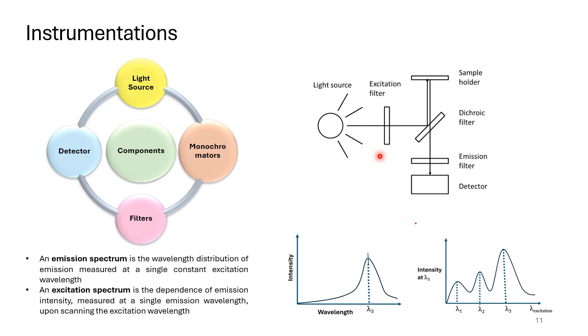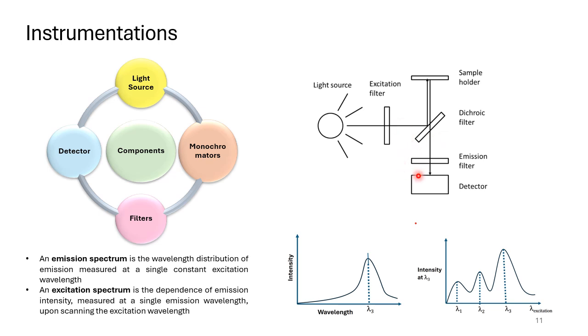After that, this light falls upon the dichroic filter, which is a special kind of filter. It transmits the emission light and reflects the excitation light. I'll talk about it later in more detail.